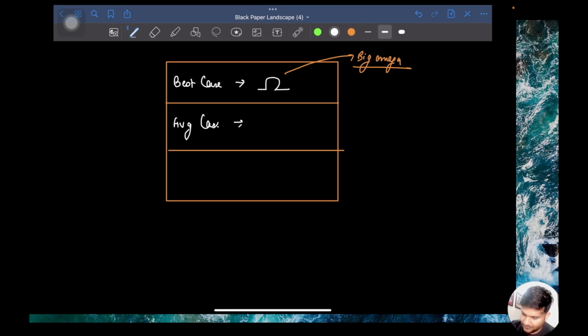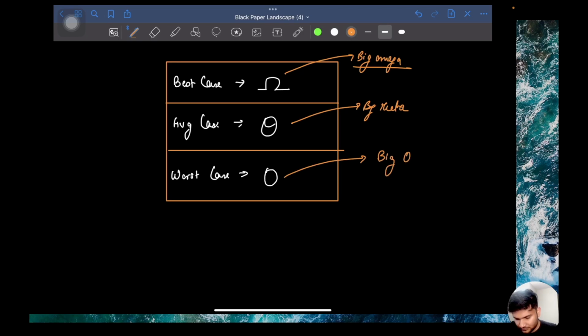Average case is represented by big theta, and worst case is this O, that is big O. So whenever you have to represent the rate of growth in terms of the highest degree polynomial of the best case, you use omega. For the average case, you use theta, and for the worst case, you use big O.